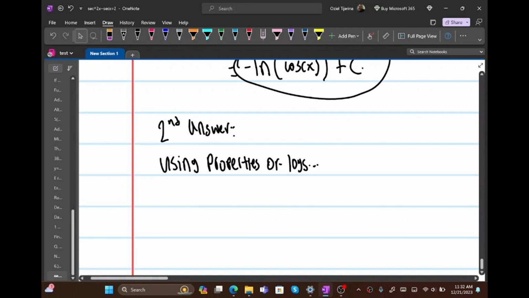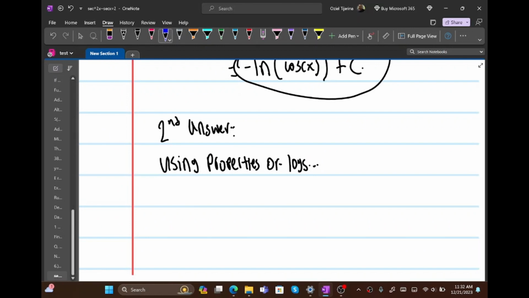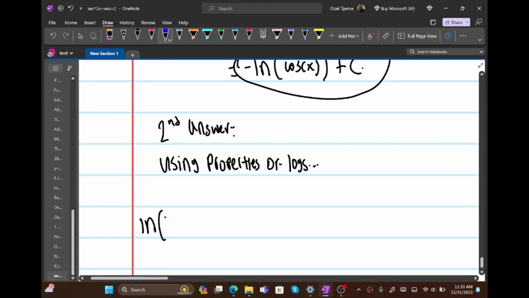So remember that from properties of logarithms, the natural log, or ln, of b to the a is really a times the natural log of b.